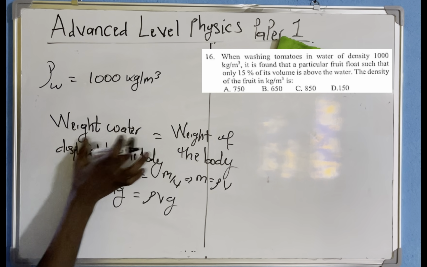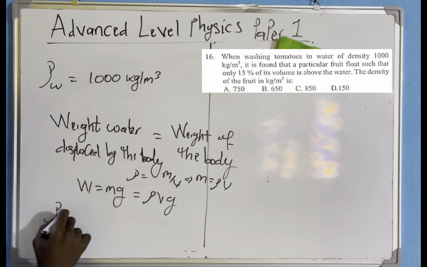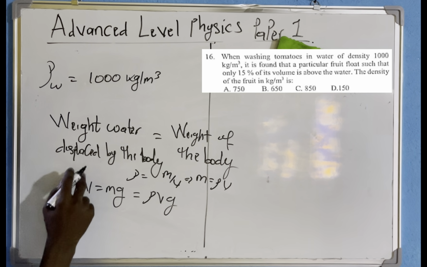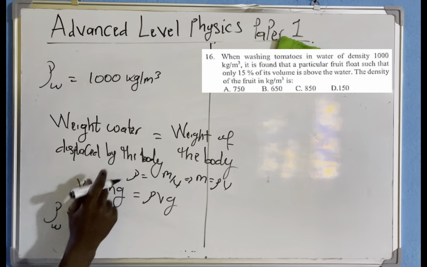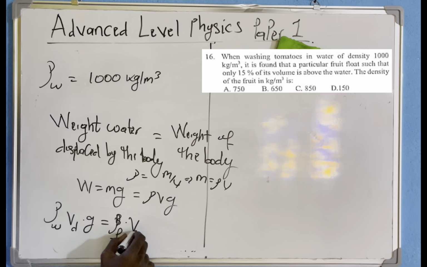It means the weight of water displaced will be equal to the density of water, times the volume of water displaced, times gravity, which should be equal to the weight of the body, the density of the fruit times the volume of the fruit times gravity. Gravity can cancel.